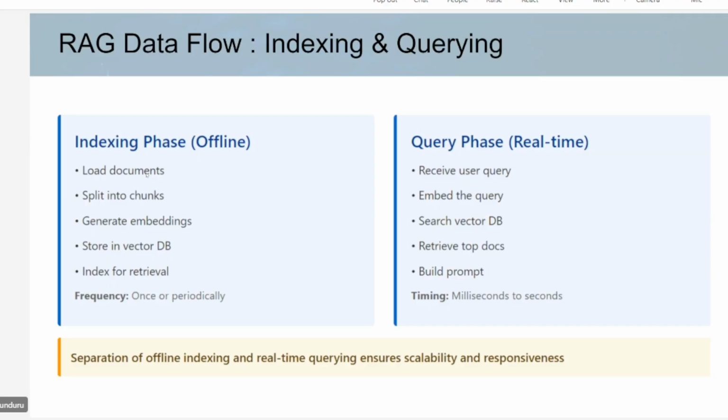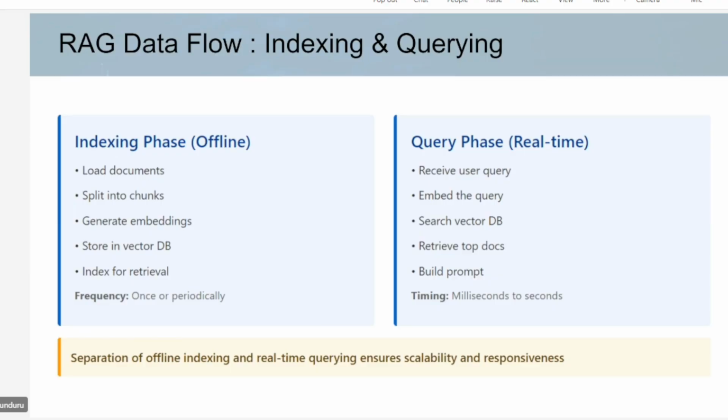The documents will be split into smaller chunks so that they can be stored in the vector store. Generate embeddings: the encoding will be generated for that particular chunk. Store in vector DB, and index for retrieval, so that the retrieval process, that is searching in the vector database, will be easier if we are doing appropriate indexing for the data stored in the vector database.